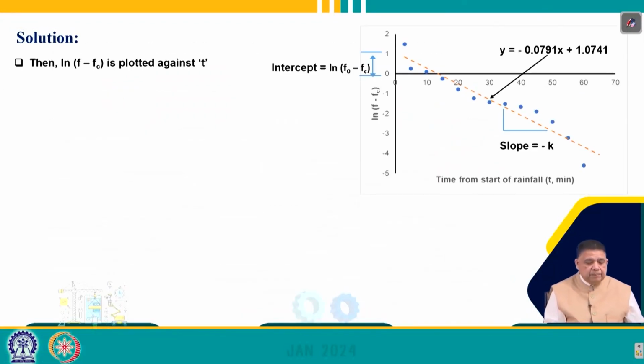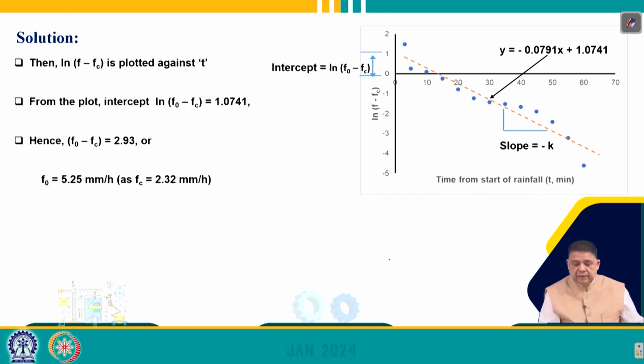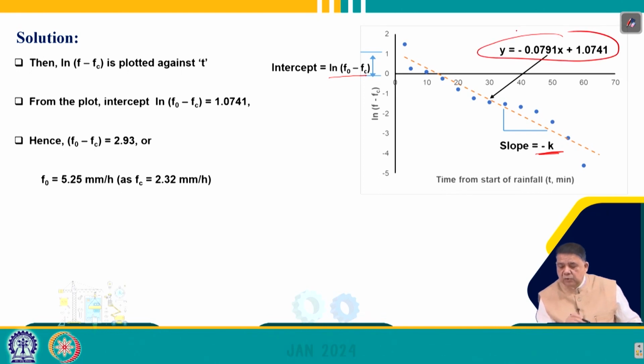When we plot ln(f minus fc) against time, this is the curve we get. As we have already seen, the intercept is ln(f0 minus fc) and the slope is minus k. And this is the equation fitted using Excel.